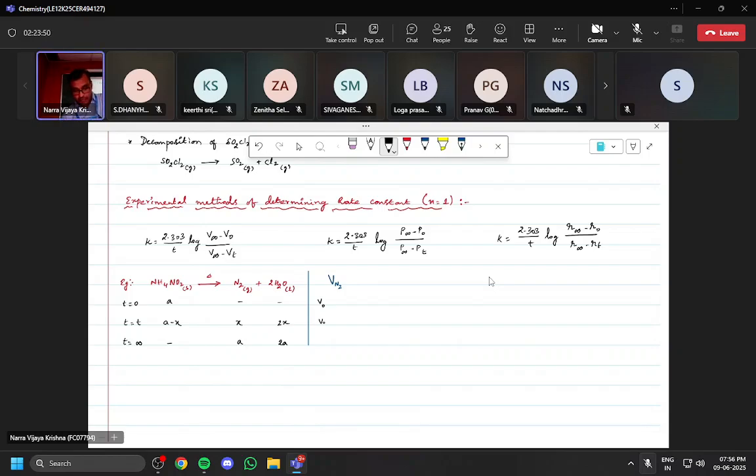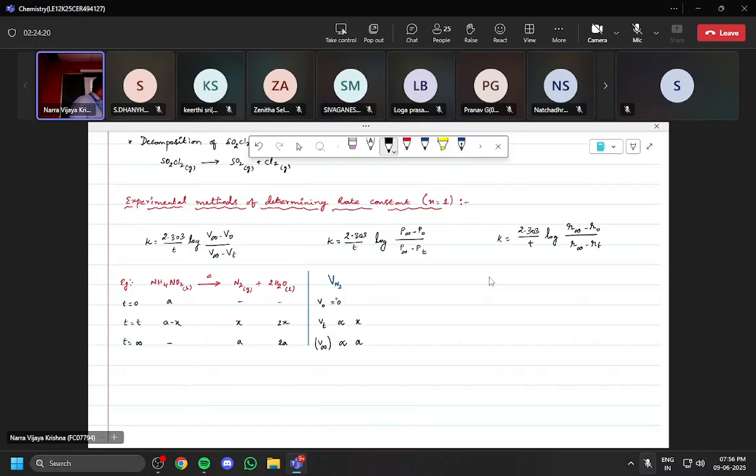Here let it be Vt. Here let it be V infinite. Can I write volume of nitrogen gas is directly proportional to number of moles of N2 gas? Yes or no? If number of moles of N2 gas is more, its volume is also more. Here proportional to X, here 0.